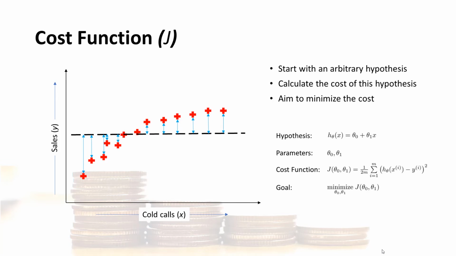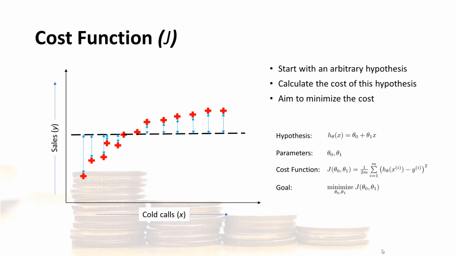The sum of all these errors actually forms the cost function for this particular hypothesis, meaning that if this is the hypothesis chosen by the machine, then the sum of the errors is the cost which this hypothesis pays.